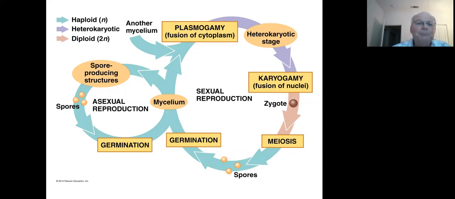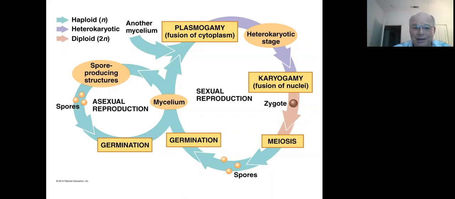So you can see that in both the asexual and the sexual stage, spores are the reproductive structure that's released into the environment, and spores are always haploid, which means that the resulting fungus is always haploid.